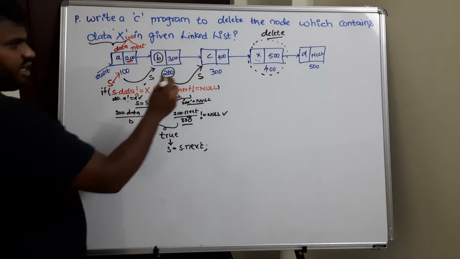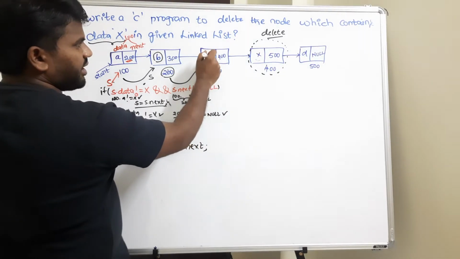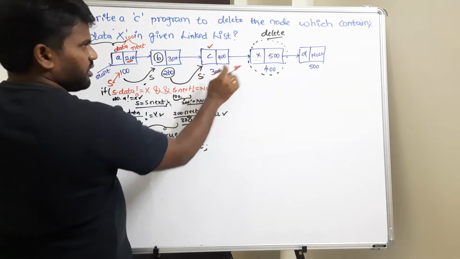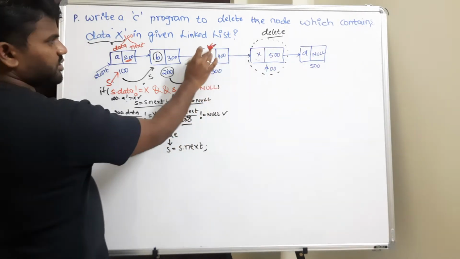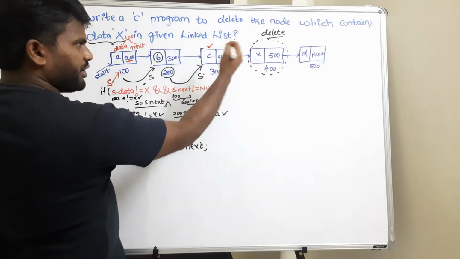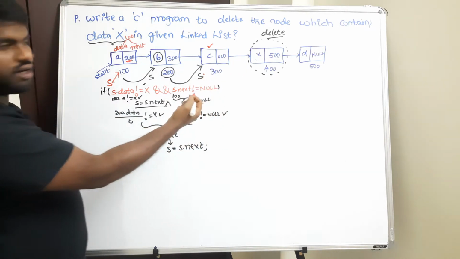From here we are moving here. Again we are checking s dot data not equal to x, true, because we need to find x. And 300 dot next is pointing to some other node, that means 300 dot next not equal to null.